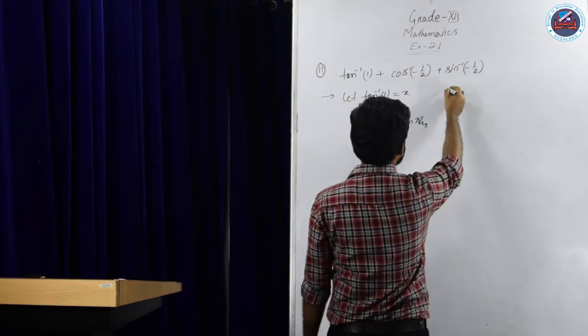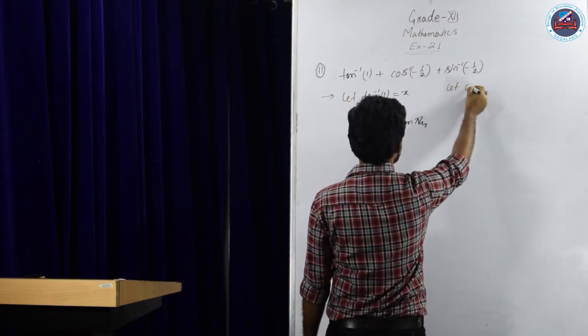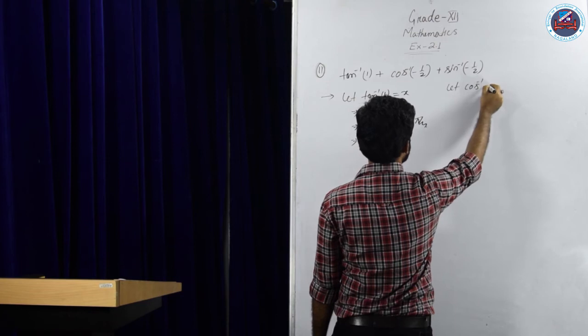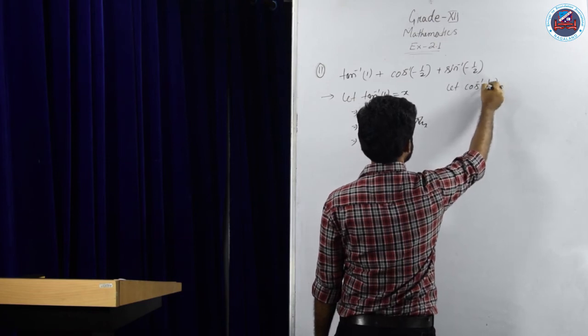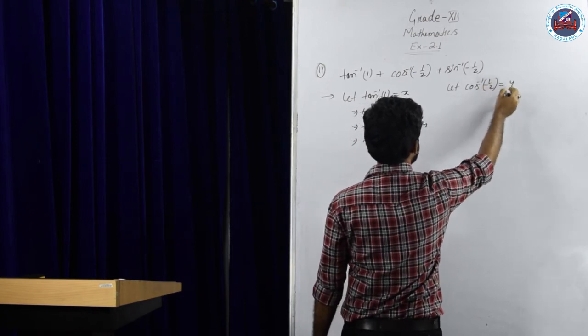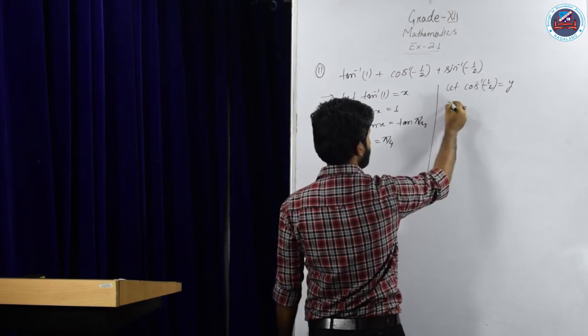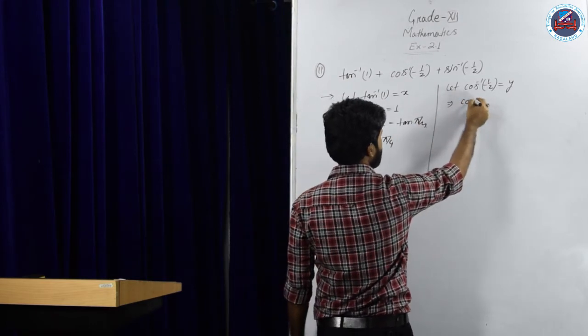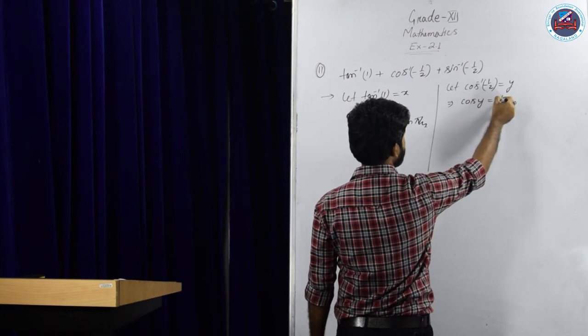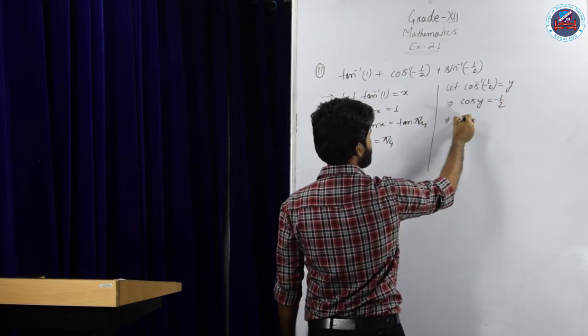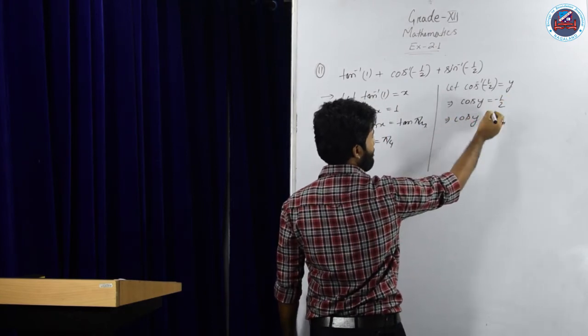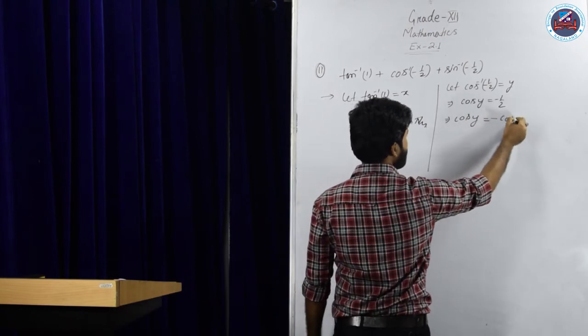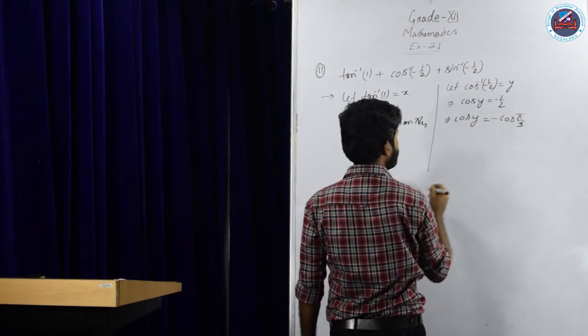Next, let us take cos inverse of minus 1 by 2 is equal to y, suppose. This implies cos y is equal to minus 1 by 2. This implies cos y is equal to minus cos pi by 3.